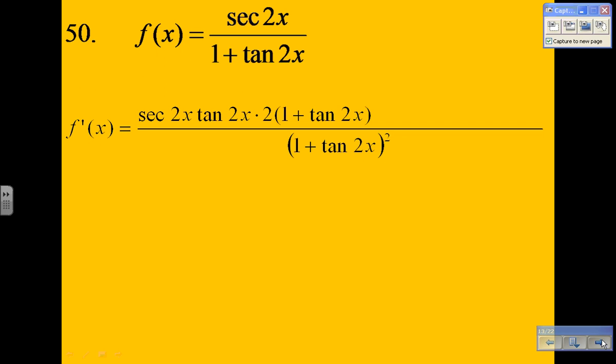What's the derivative of 1 plus tangent of 2x? Derivative of 1 is 0. The derivative of tangent of 2x is secant squared of 2x times 2. The secant squared 2x is the derivative of tangent, and the 2 is the derivative of 2x.